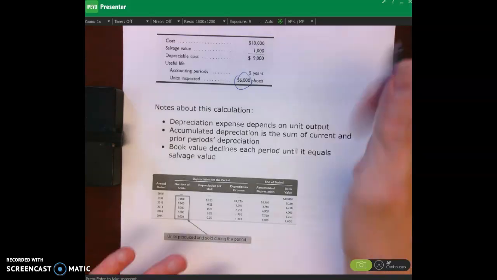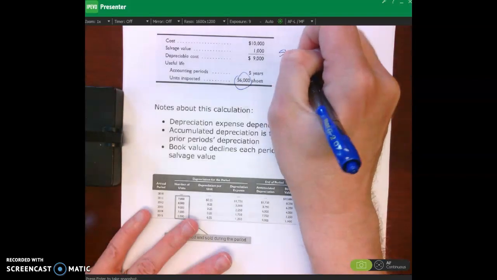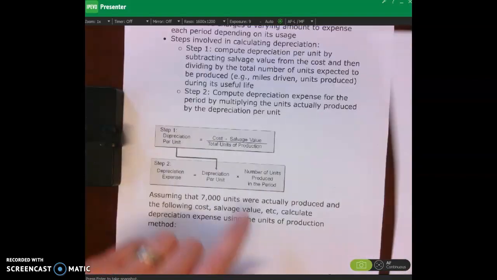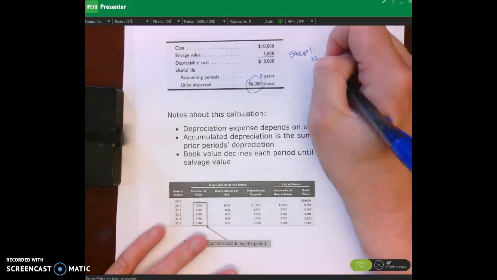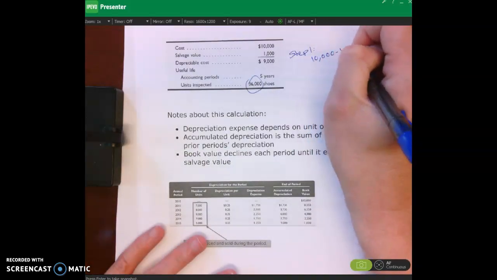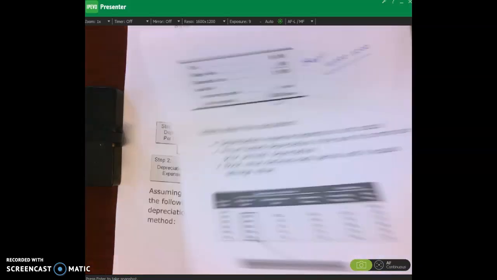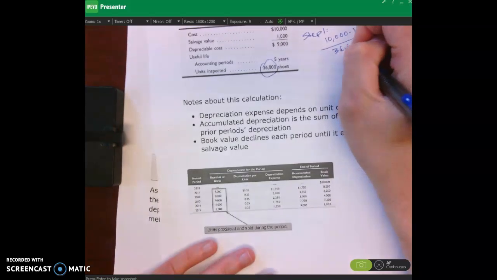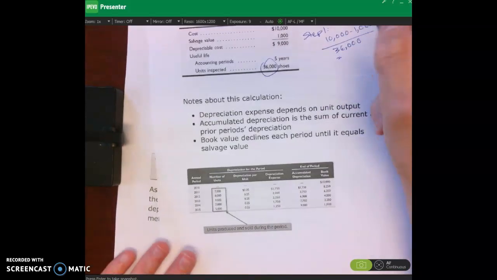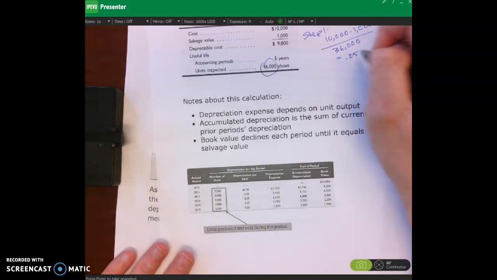So we come over here, we'll say step one, we take the asset cost minus the salvage value. So my asset cost, 10,000, minus my salvage value, divided by my total units of production, 36,000. And what that gives me is 25 cents per unit.